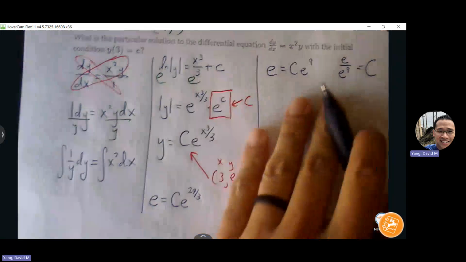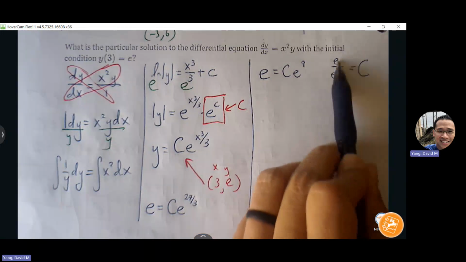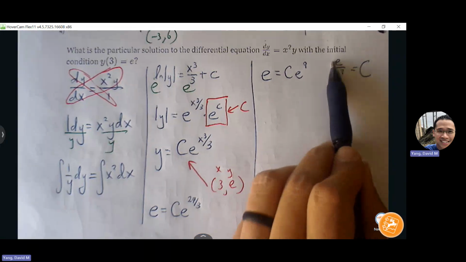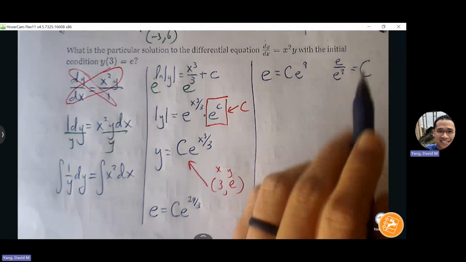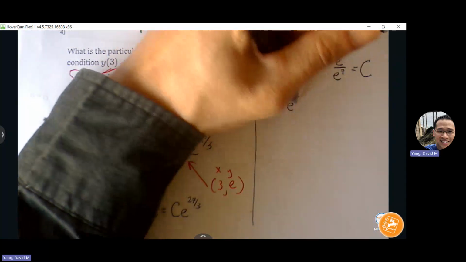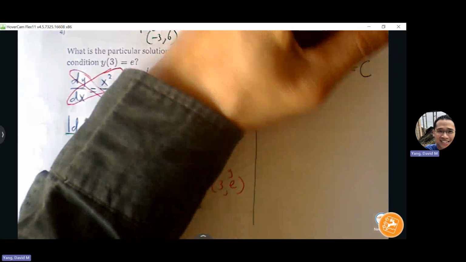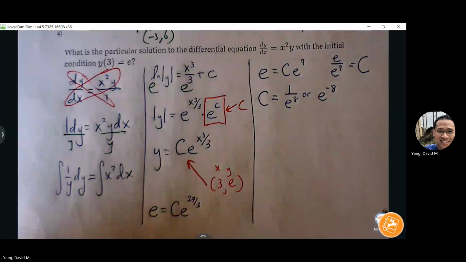Okay, the way we can reduce it is there's 9 e's below, there's 1 e above. If I take 1 from each side, the e goes away, but then there's 8 e's left in the bottom. So we can either say that C is equal to 1 over e to the 8th, or we can have it e to the negative 8. Okay.